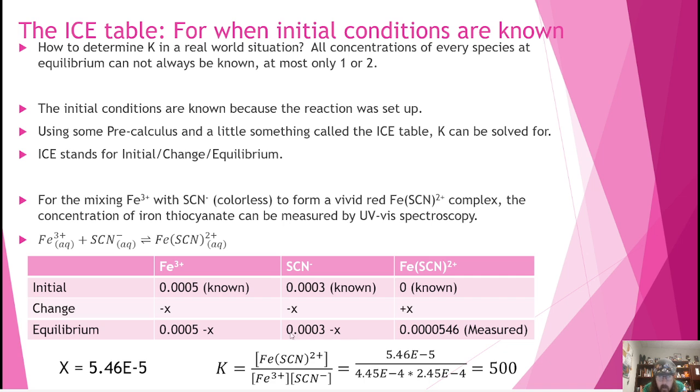I'm going to take the 3 times 10 to the negative 4th, and subtract out my 5.46 times 10 to the negative 5th. And I can subtract that number also from our iron: 5 times 10 to the negative 4th minus 5.46 times 10 to the negative 5th. And we got our values. That was pretty simple right there. We just had to subtract those out. So you get a K expression of 500.